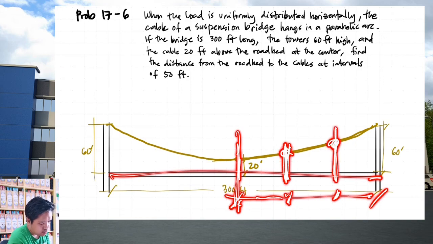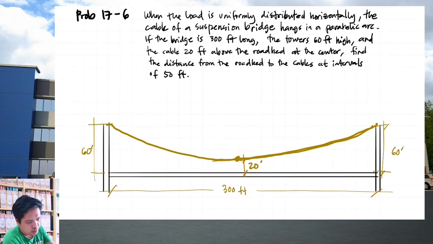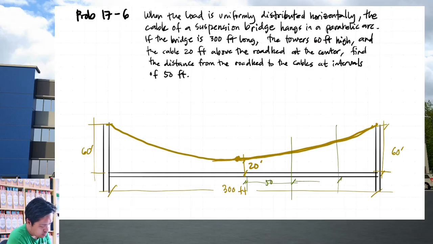So dalawa na lang isosolve natin. Okay, so let's label that. So, dito, ito yung hanapin natin at interval of 50. Tapos dito din, another 50 feet. Ayan. So, ang hanapin natin is this distance is called as H1 and this distance is called as H2.